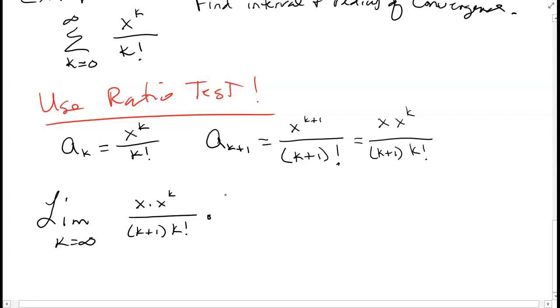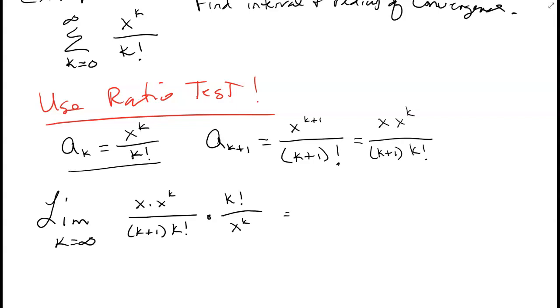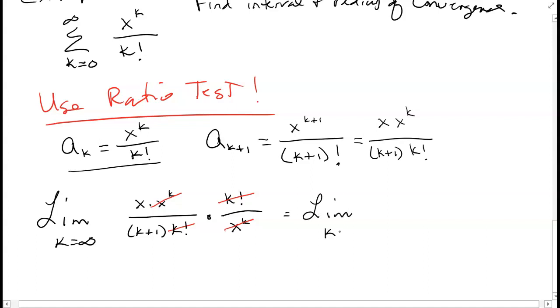So much easier, because I'm going to take the reciprocal of that, k factorial over x to the k. What that lets me do is just cancel things out. So what cancels? My x to the k's cancel. My k factorial cancels. So here I am left with the limit as k goes to infinity of x over k plus 1.